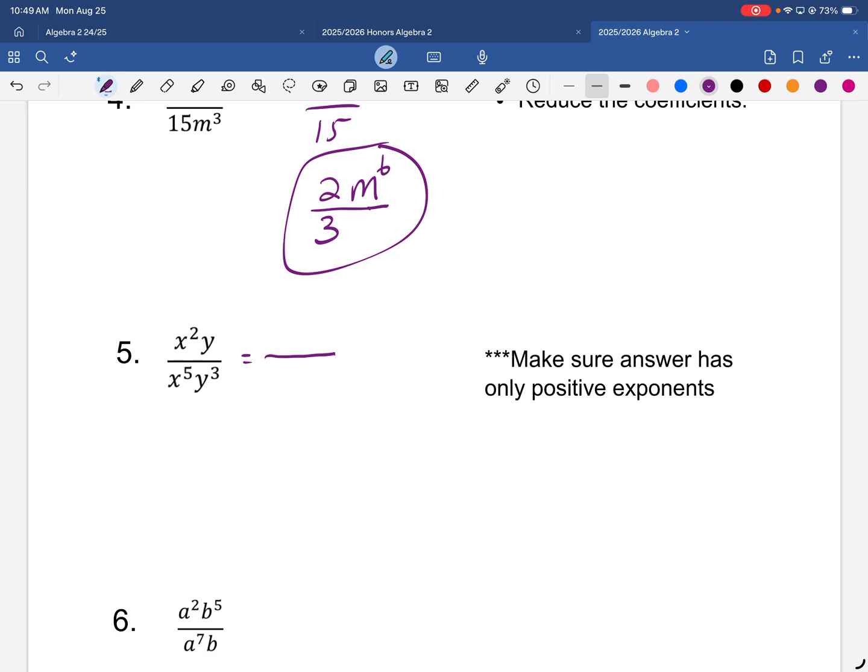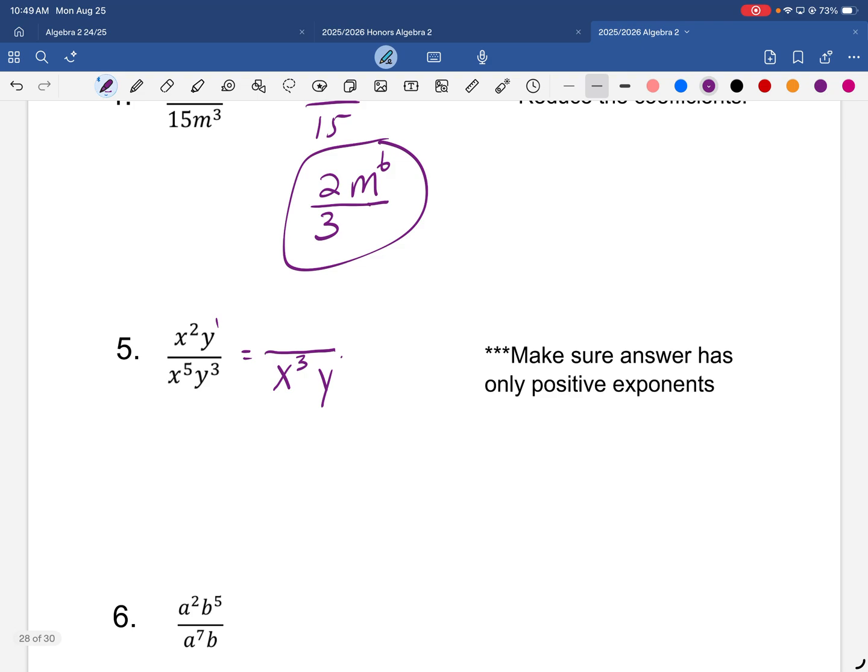So I know my x is going to go on the bottom, and I'm just going to go 5 minus 2. 5 minus 2 is 3. There's understood to be a 1 there. 3 is bigger than 1. So y is going to go on the bottom. 3 minus 1 is 2. I have to have something in the numerator, so all we put is a 1 up there. And that's our solution.